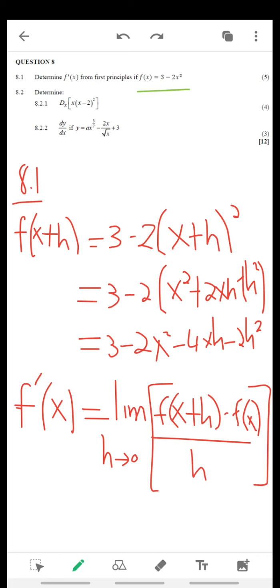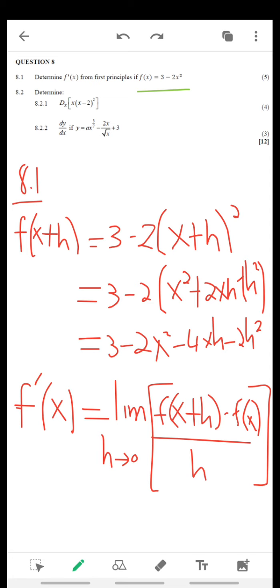Okay, now let's start. I usually do this part of f at x plus h aside on its own. So my f of x plus h is equal to, from the original equation, 3 minus 2 times x plus h all squared. Where there is x, I've put x plus h.